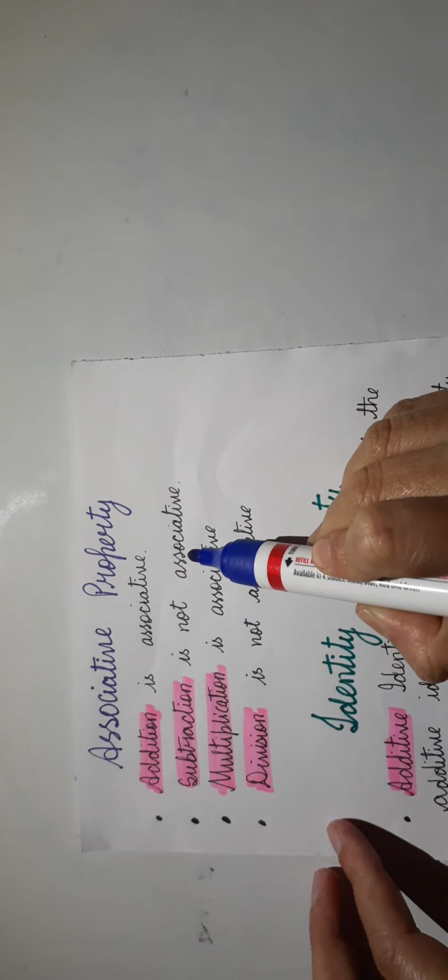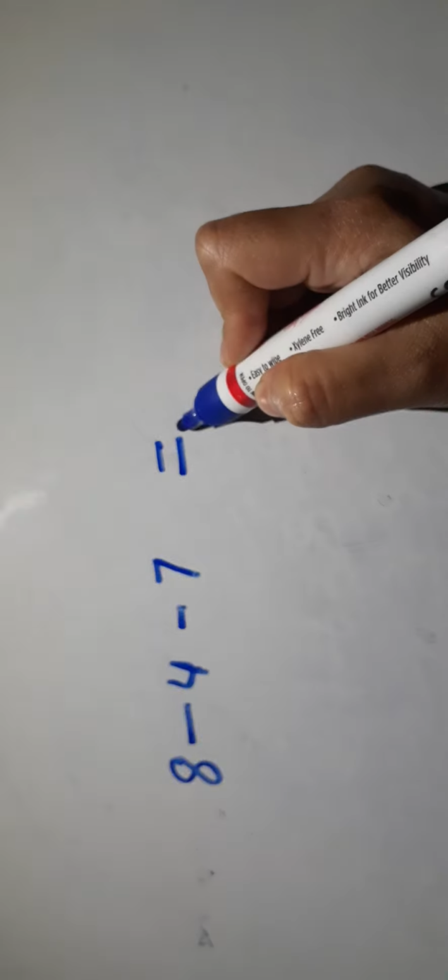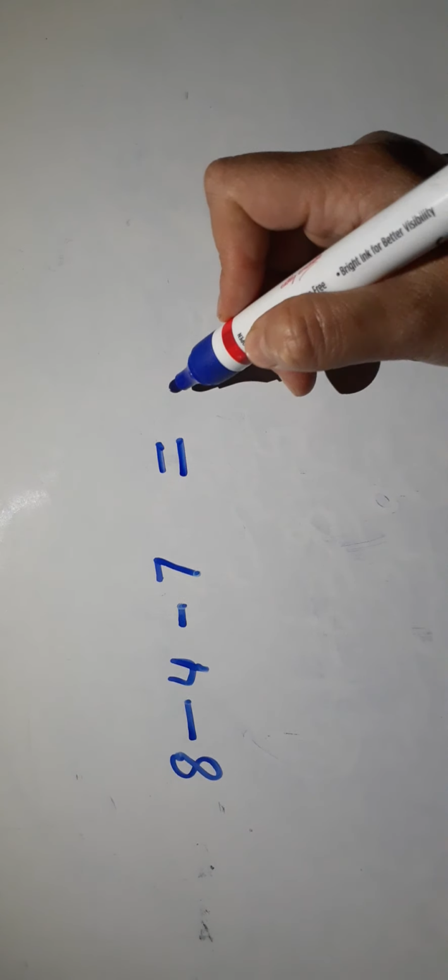Subtraction is not associative. I'll take 3 whole numbers. 8 minus 4 minus 7. This is one side, and I'll just put the equal sign. We will find out whether the left hand side is equal or not to the right hand side.